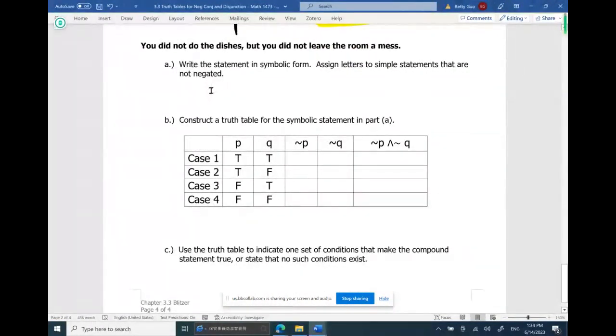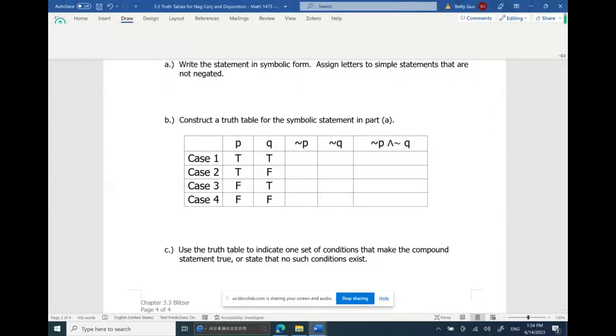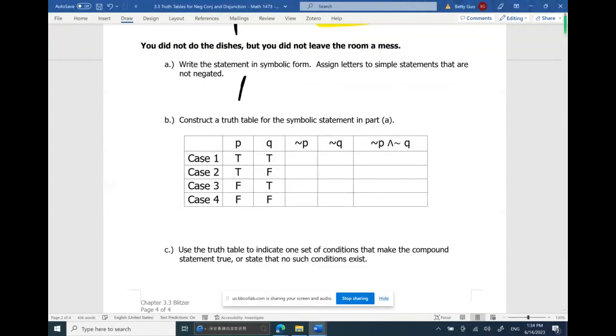So for this example, we are going to write a statement in symbolic form. Assign letters to simple statements that are not negated. Okay, so here, I'm going to let P, yeah, we use P, Q, R, right? We are going to let P represent this statement: you did the dishes.